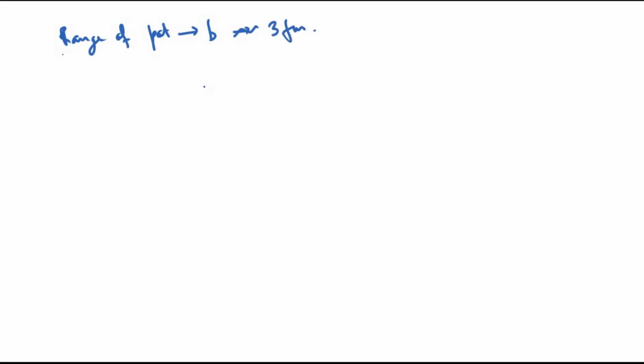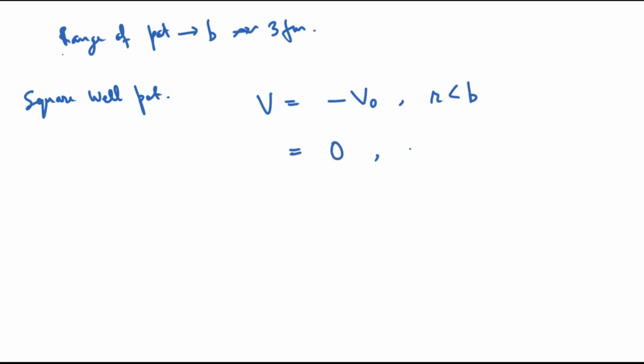Now we will consider a square well potential. So let me write down. Basically V is equal to minus V0 for r less than b, and this is equal to 0 for r greater than b.